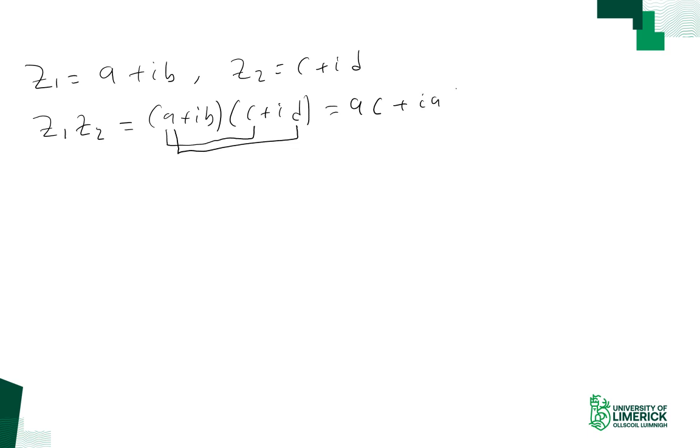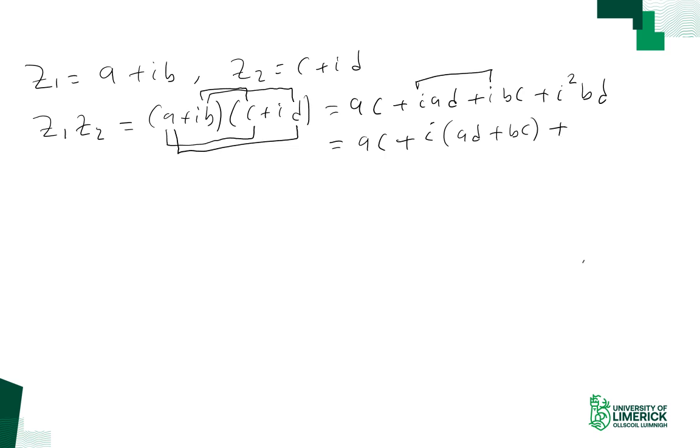Then we multiply ib by c, plus ibc, then ib by d, and since we have i twice, this will be i square bd. Then we have ac plus, there's an i here and an i here, I can factor out the i, then we have ad plus bc.